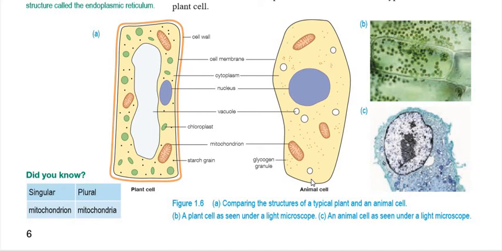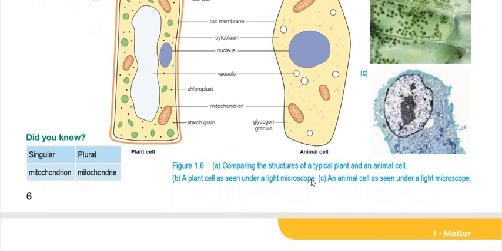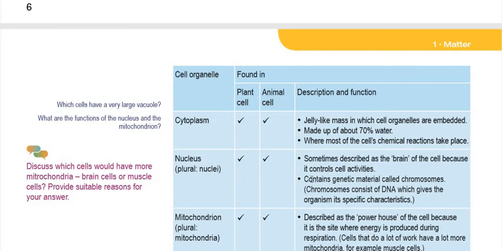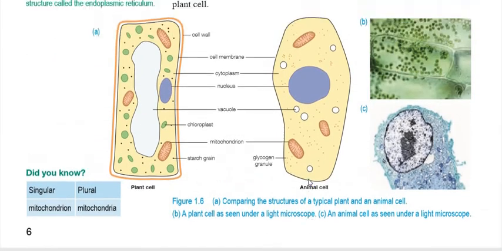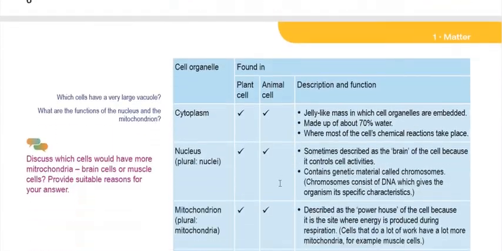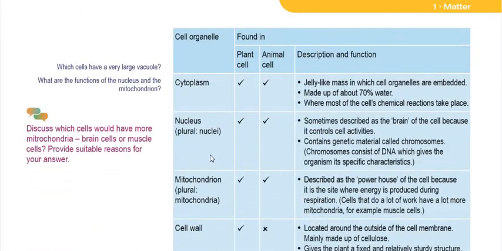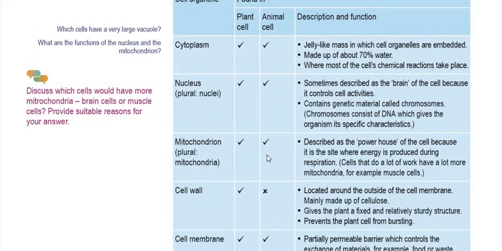You're going to draw all the organelles inside, and you are going to label it. Then you are going to write the name of the cell organelles, and then you're going to write the function at the side of it.